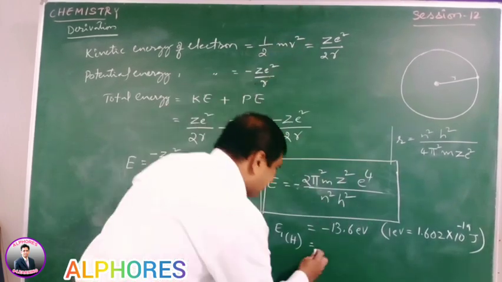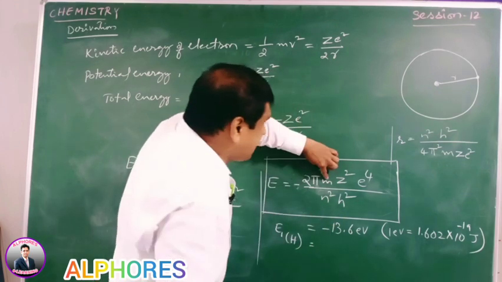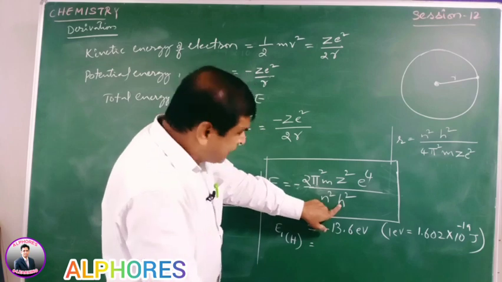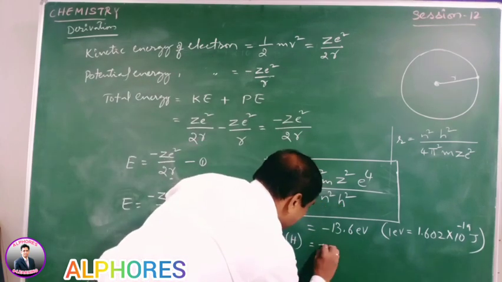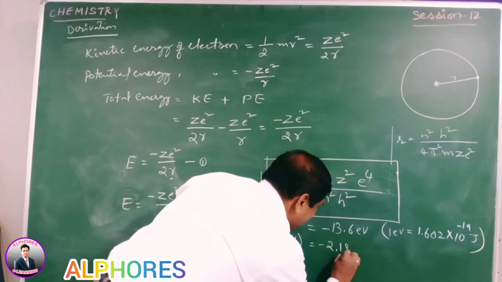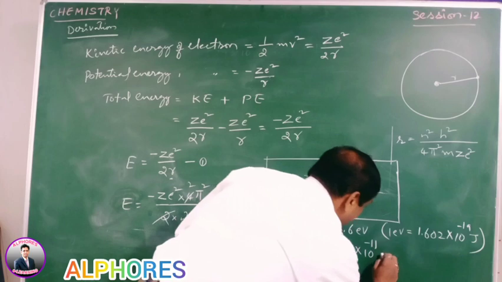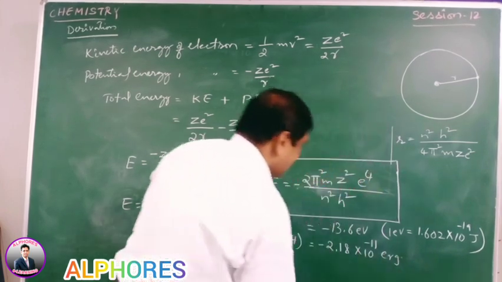We can also put the mass of the electron in grams and Planck's constant value in ergs. Then we get minus 2.18 into 10 to the power minus 11 ergs per atom.